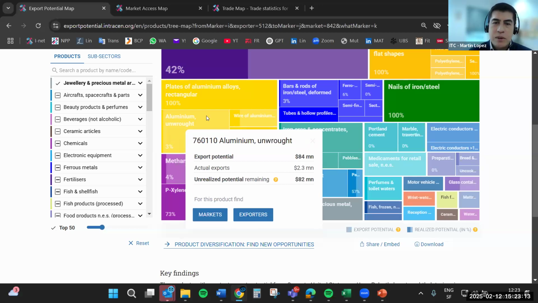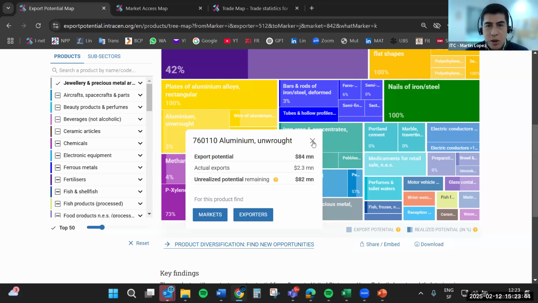Let me freeze this window. I have clicked on it, and I see that actual exports, the average of the last 5 years, is $2 million, but there is export potential worth $84 million. So this is already an indication that you could make a bit more effort, because markets are there, demand is there.